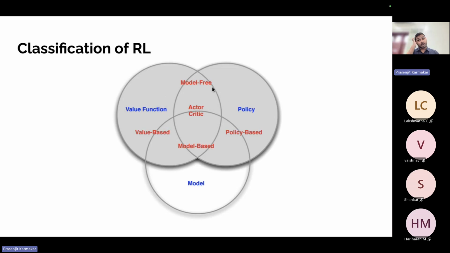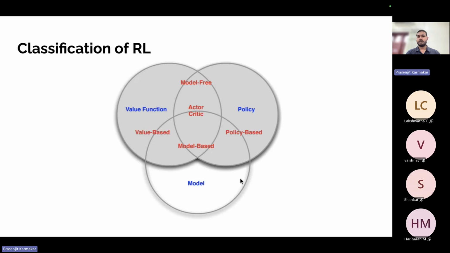So that's what we are trying to do now. We have the value, we have the policy, but we can only interact in the environment, we cannot get the P and R matrices. Okay, and there is another class called actor critic methods. In that case also you basically have a value function, a policy function and some knowledge of the model.